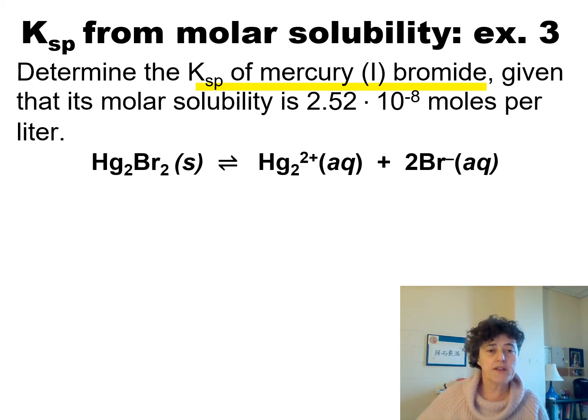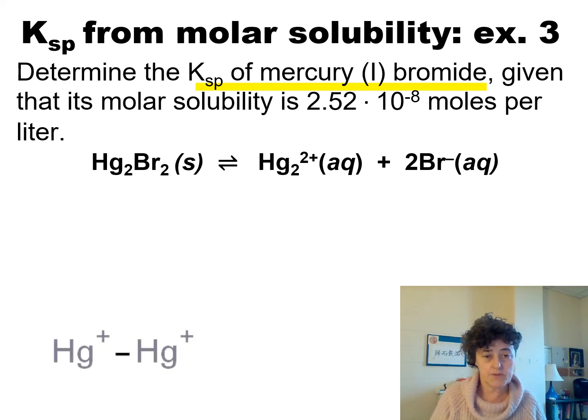The reason for that is that there is a body of experimental evidence that shows that mercury 1 is actually bonded to another ion of mercury 1 in a dimer, and there is a covalent bond, so that makes the formula Hg2Br2.